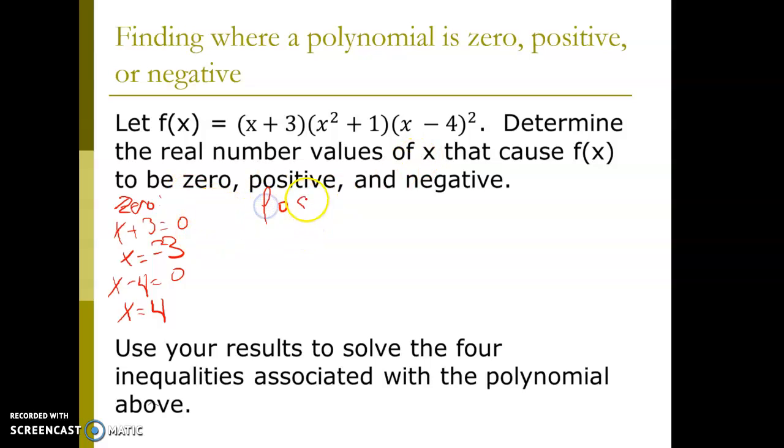Now let's do positive. For the first one, it's any number greater than negative 3. You set x plus 3 greater than 0, solve for x, and you get x is greater than negative 3.